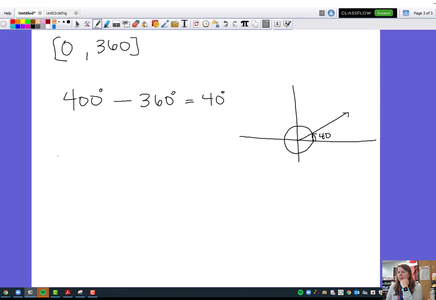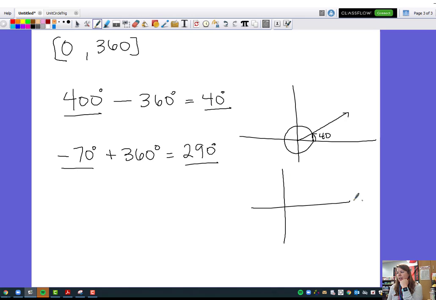The other direction, if I'm talking about negative angle measures, if I say negative 70, I can add 360 to it so that now it's a positive number. What that is equal to is 290 degrees in the positive. So this angle and this angle are the same, just like this angle and this angle are the same.